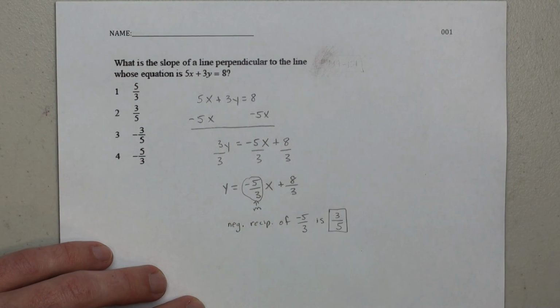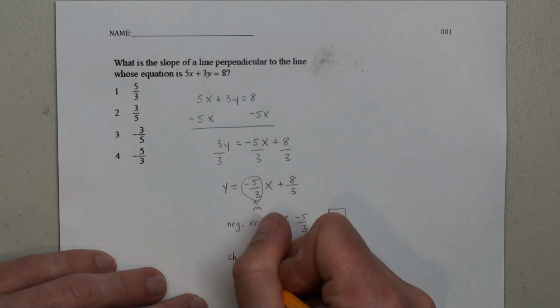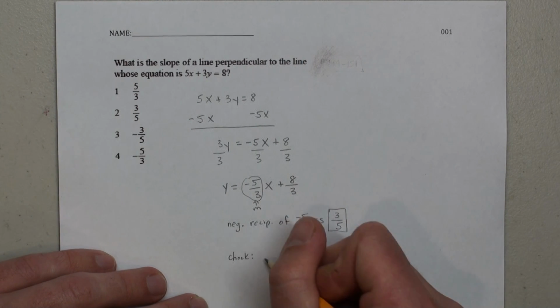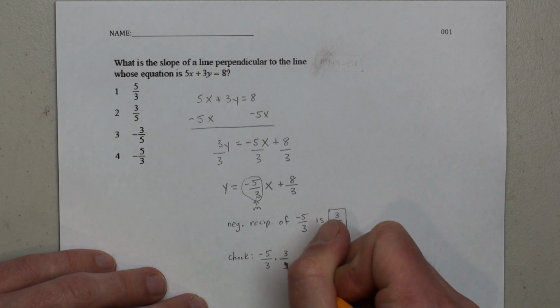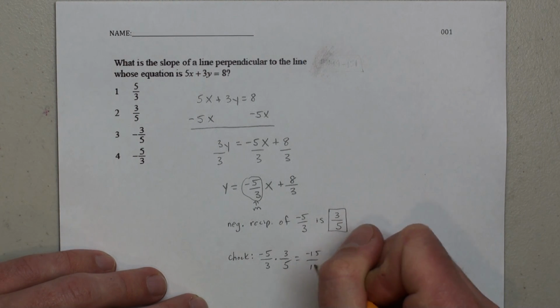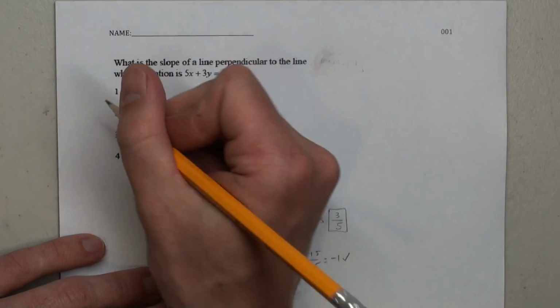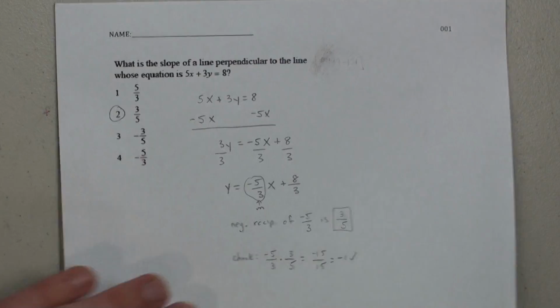This is my slope. And to check, you got to make sure that the two of these multiply to give you negative 1. So negative 5 over 3 times 3 over 5 equals negative 15 over 15 equals negative 1. So it checks. So my answer is 3 over 5. It's choice 2.